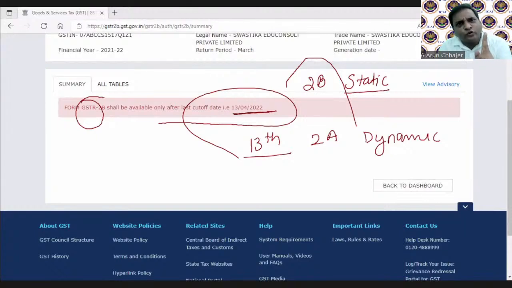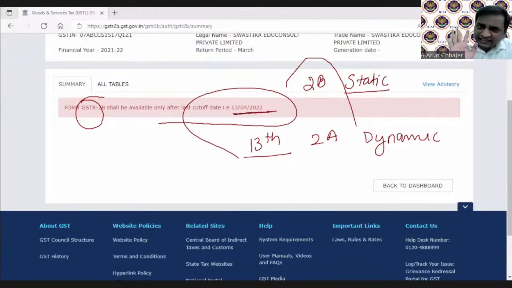If I like to remember the nature of the 2A, 2B, that is nothing but my purchase entry from a registered party. Arun has made the purchase from a registered party. The party will file the GSTR 1. It will appear in my 2A and 2B.